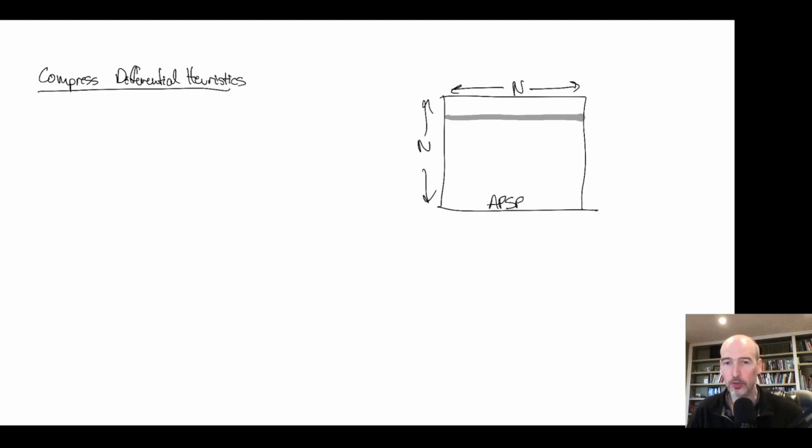And what we're going to do here is something similar to this, except that we're going to store only part of the data in one particular row. So in one row, we're not even going to store all the data. So this is going to be our DH compression. This is a regular differential heuristic. This is a differential heuristic that's been compressed.